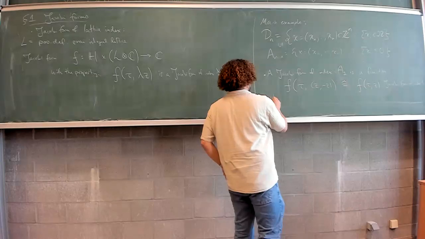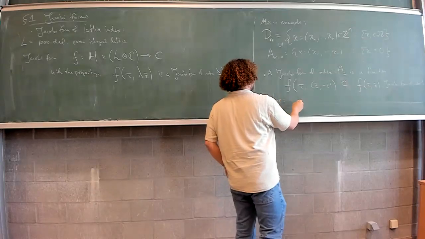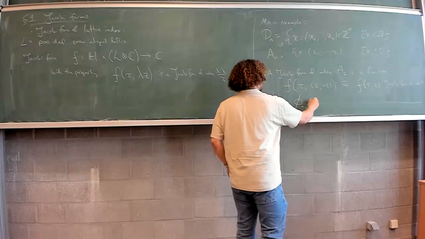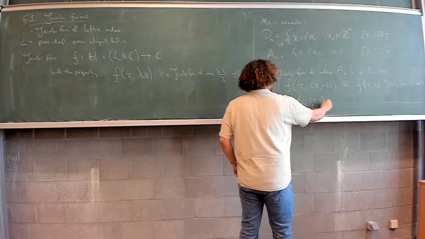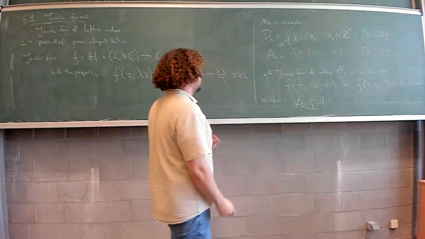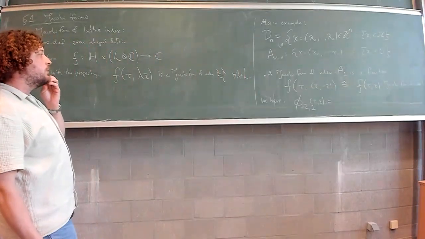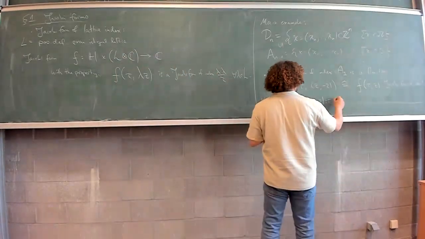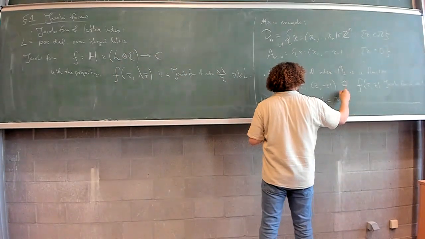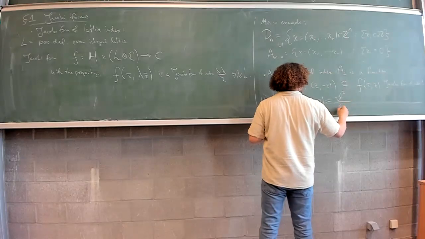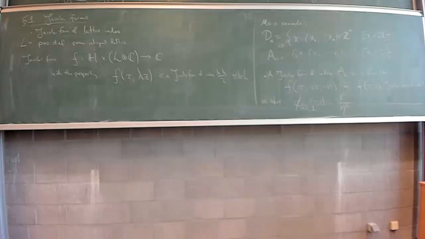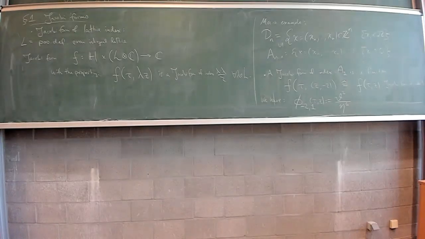And we have certain special functions. The first one, which is called phi minus 2, 1, is theta squared divided by eta to the 6, where eta is the 24th root of delta.